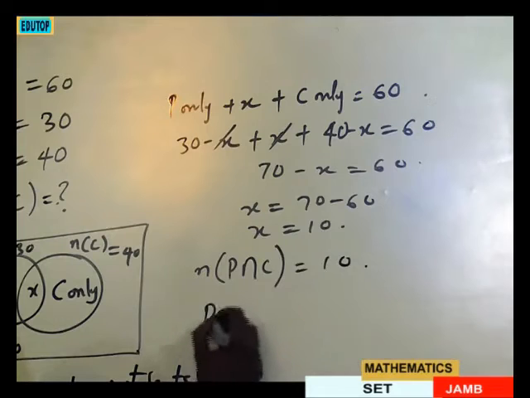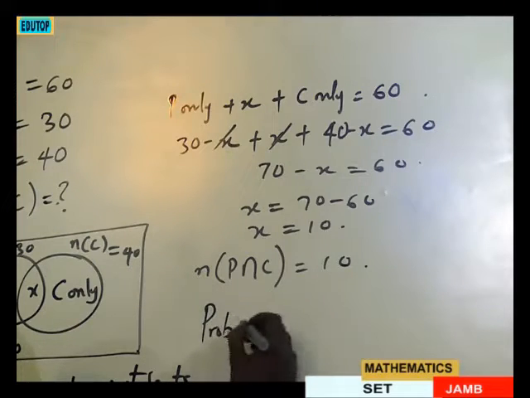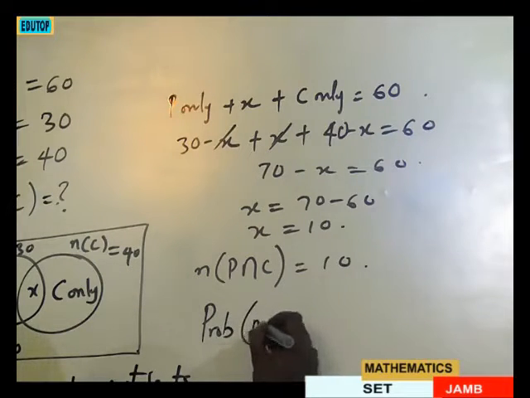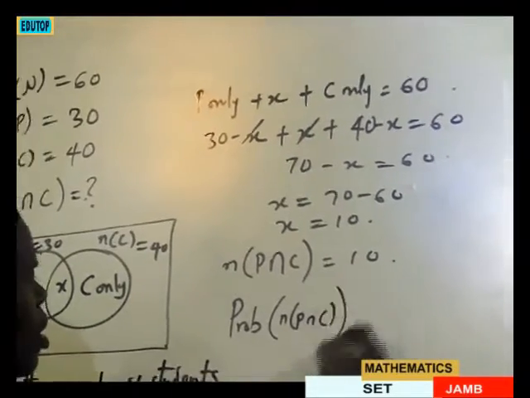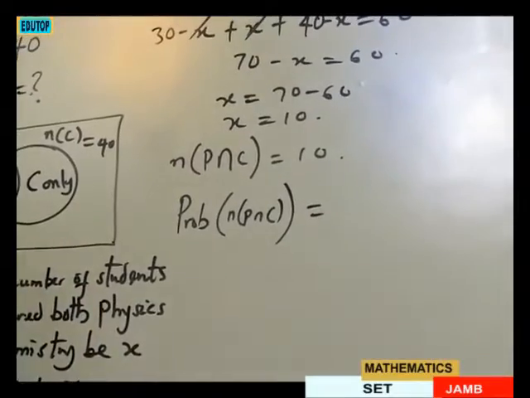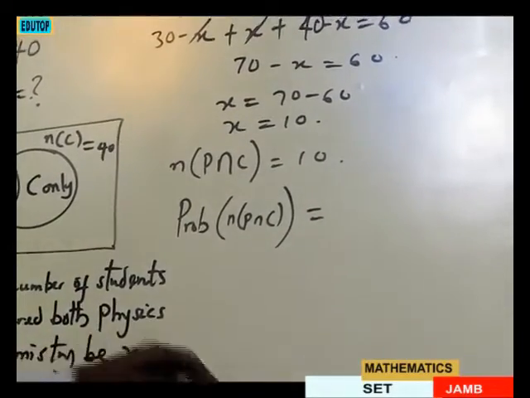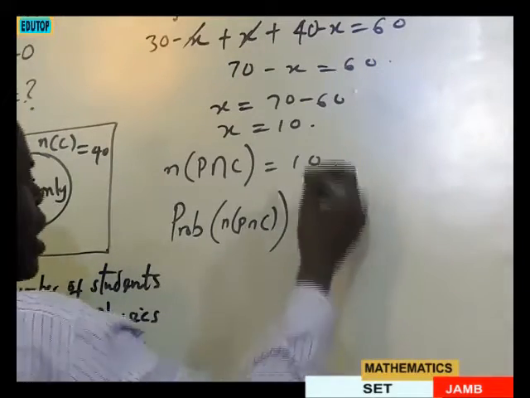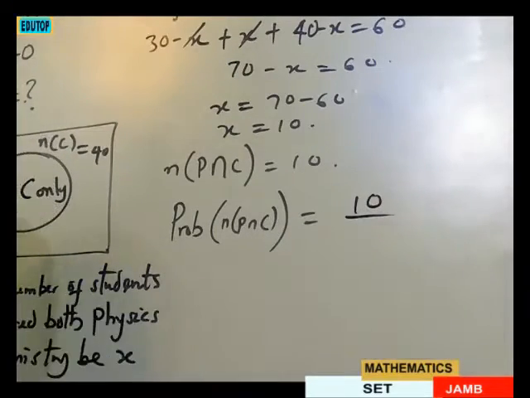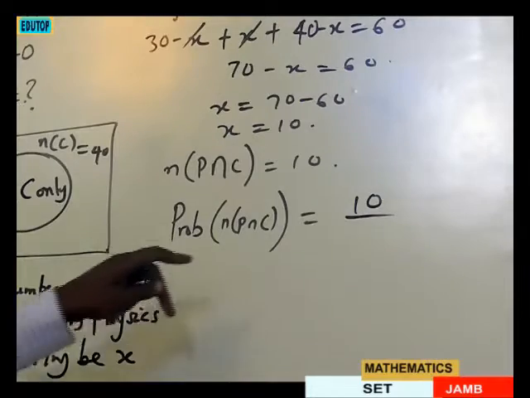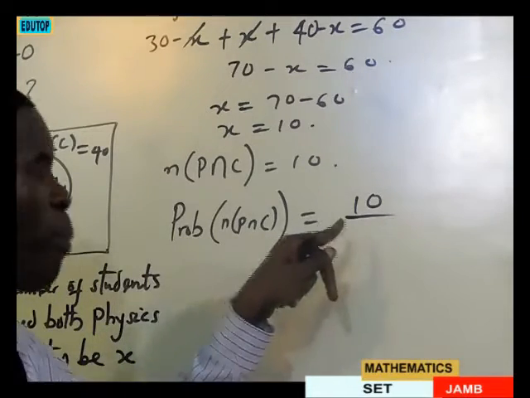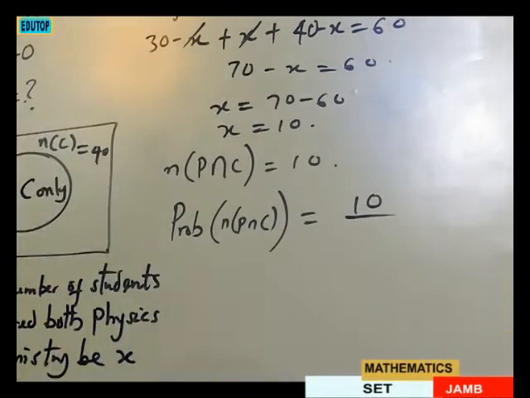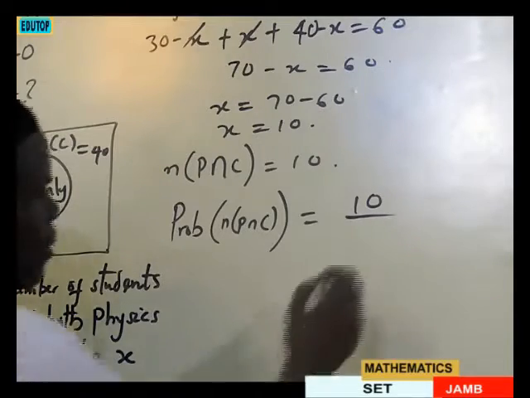The question asks for probability. The probability of the number that offer physics and chemistry will now be, since probability is the number of required outcomes, so what is the required outcome here? That is 10, the number that offer both, over the number of possible outcomes. And what is the number of possible outcomes? That is 60.